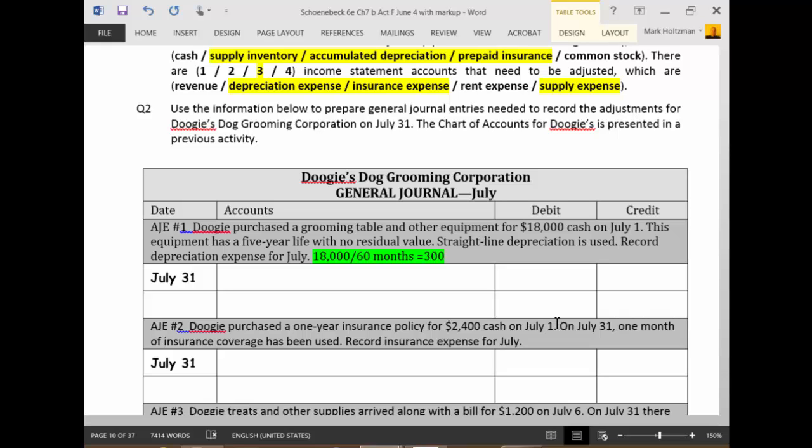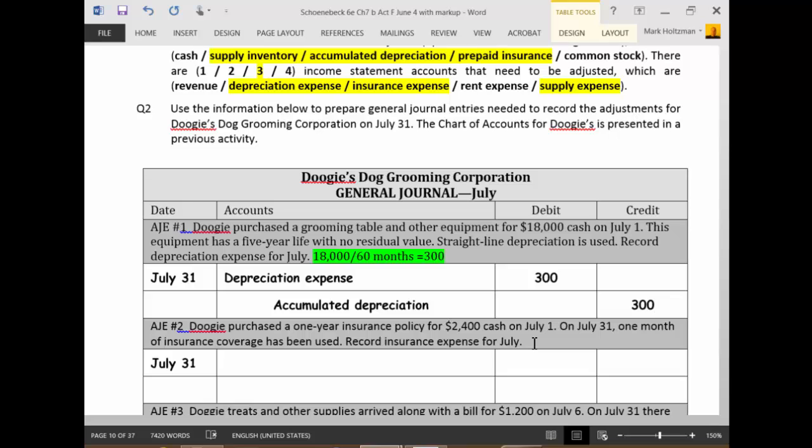What would 1 year's worth of depreciation be for this asset? It'd be 18,000 divided by 5, 3,600, yeah. But we're only doing 1 month here, so the journal entry would be depreciation expense, 300, credit accumulated depreciation, 300.